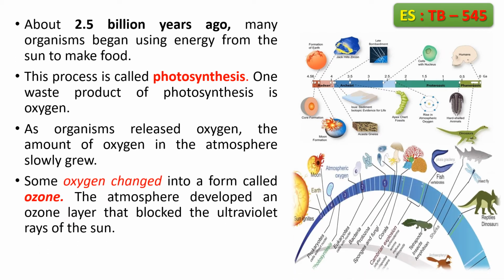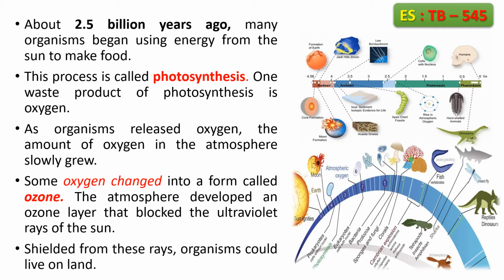Some oxygen changed into a form called ozone. The atmosphere developed an ozone layer that blocked the ultraviolet rays from the sun. Shielded from these rays, organisms could live on land.